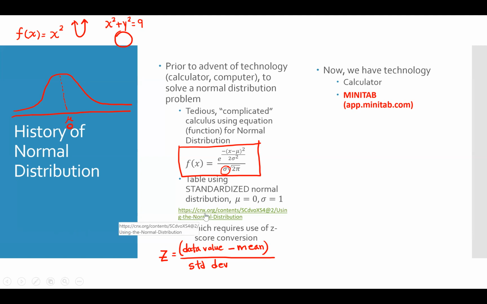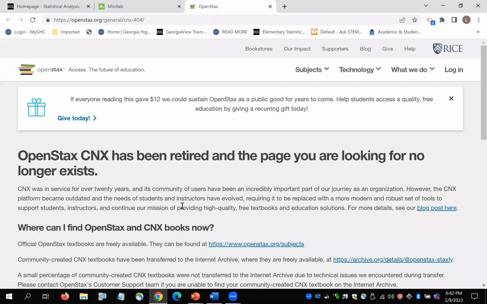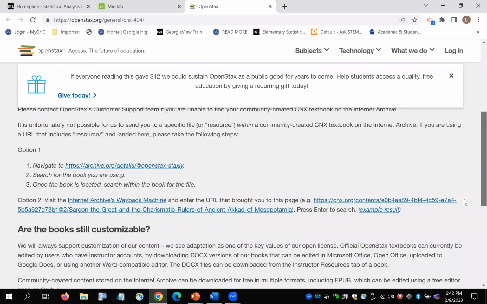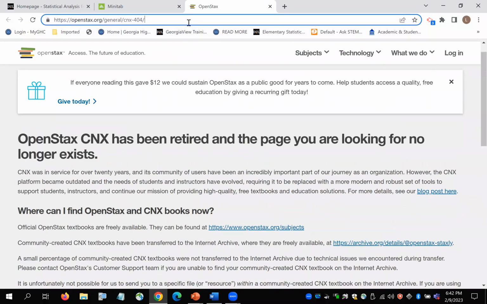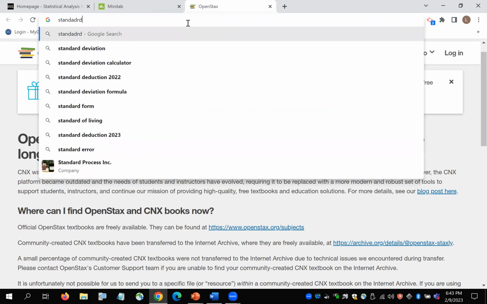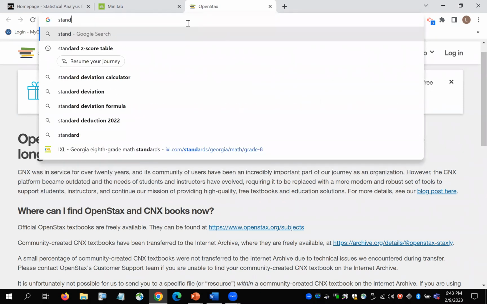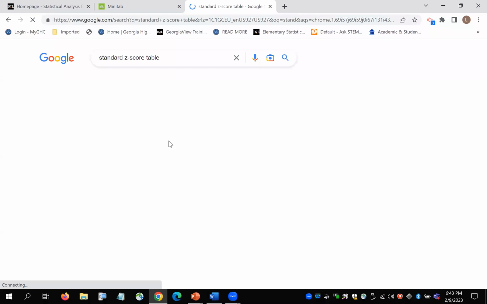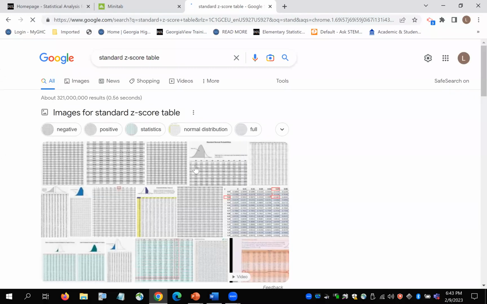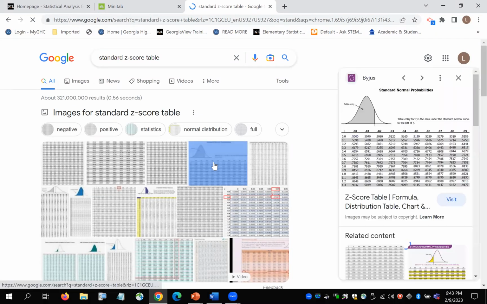The challenge is, guys, and I'm going to click on this link for a minute. The challenge is when you look at a normal distribution. Okay, it doesn't give it to me. Let's go standard z-score table. See, there's all sorts of standard z-score tables.